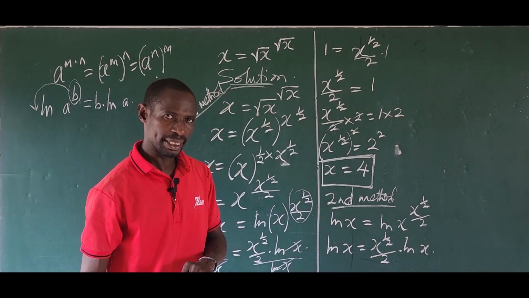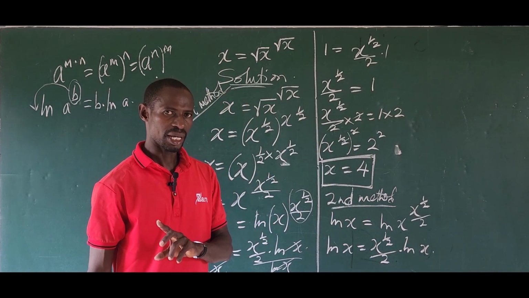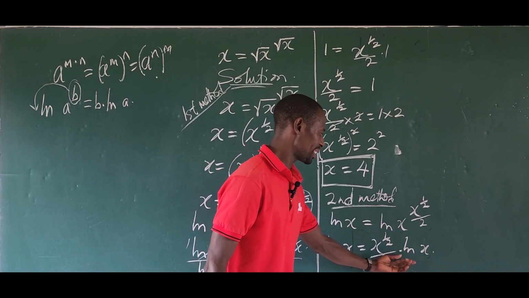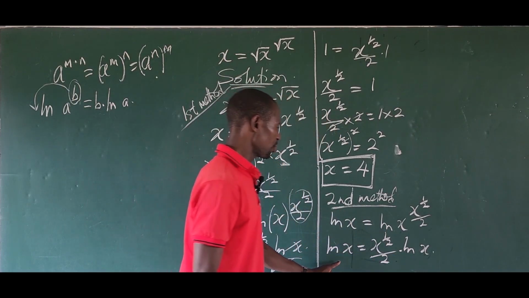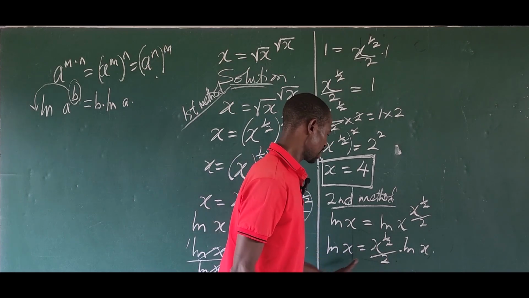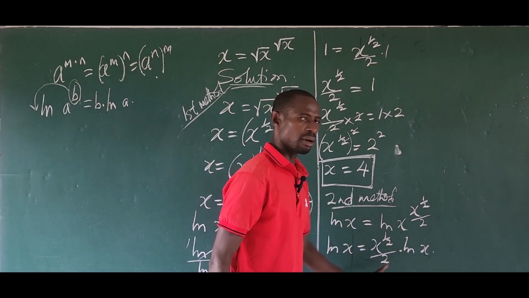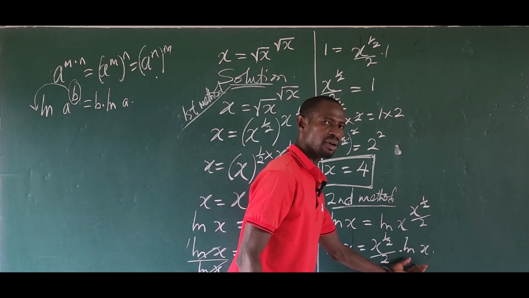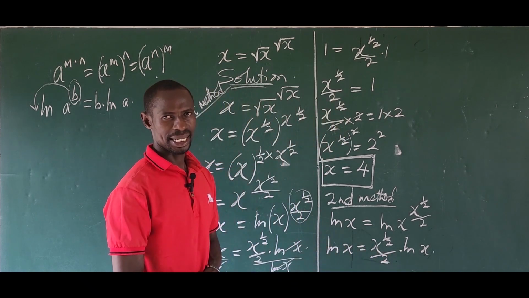Now, at this point, I've always told my viewers, my subscribers, that when you have a challenge of this kind, never cancel out these 2 logs here, but rather move this quantity on the right hand side to the left hand side.